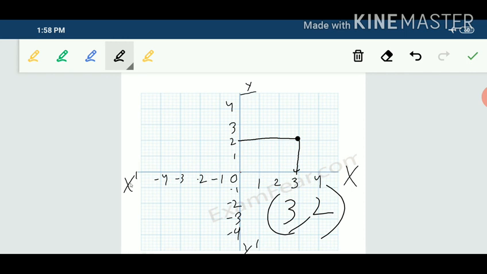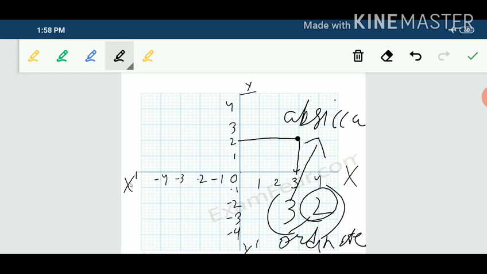Now the value of the x coordinate is known as the abscissa, and the value of the y coordinate is known as the ordinate.